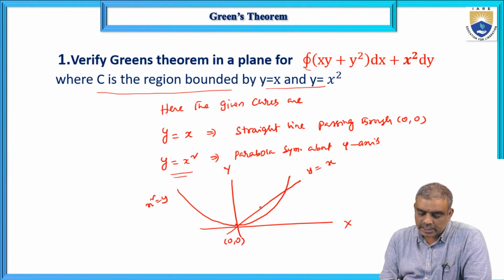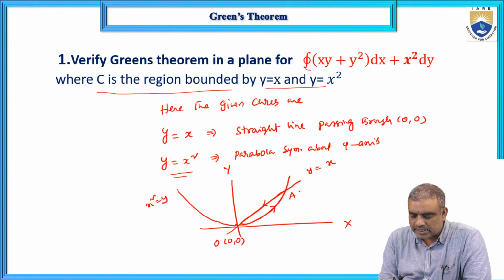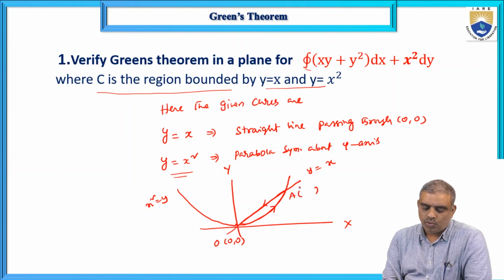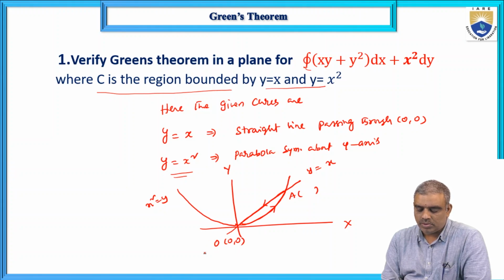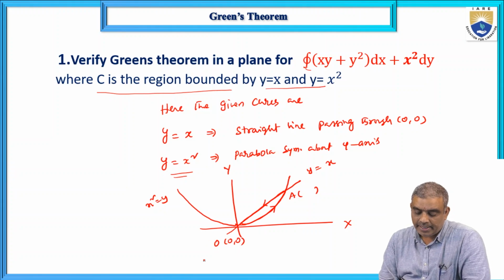So here the region is bounded by the straight line and the parabola. That means the closed curve is this one. This is O and this is A, and OA, so in this way you can identify.